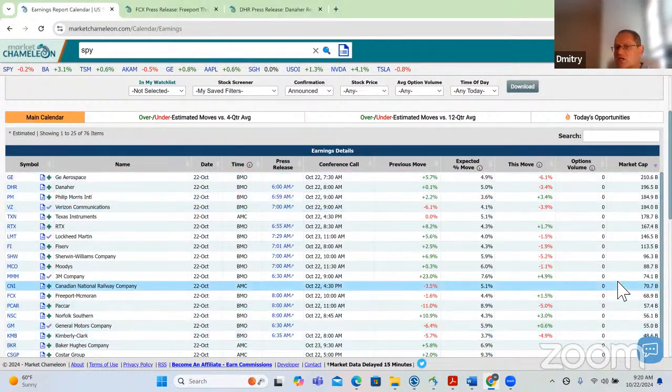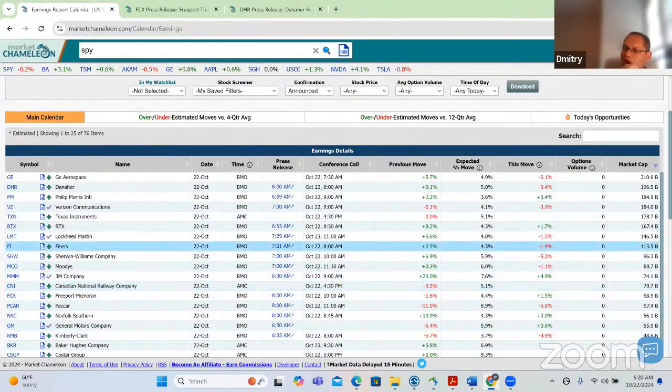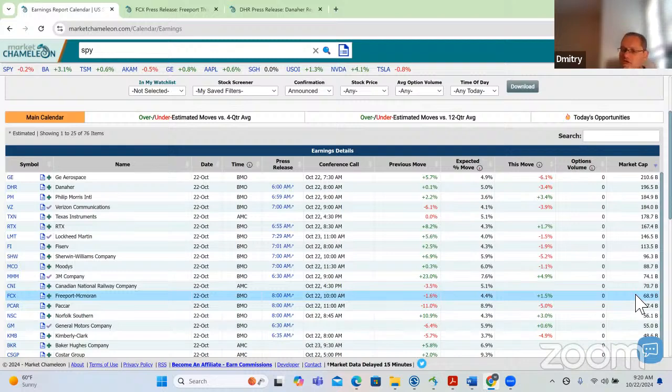But these numbers could change because it has all the way to the end of the day of trading. These numbers could keep going to the same side. They could close, they could reverse. But this is just tracking as the day goes on. So the option volume here, right now it's all zeros, but that's tracking the option volume on the day.